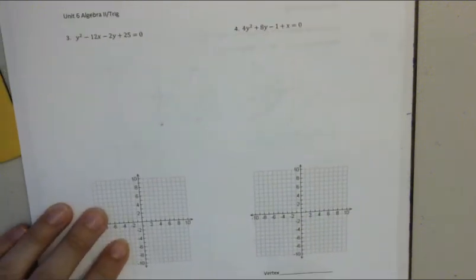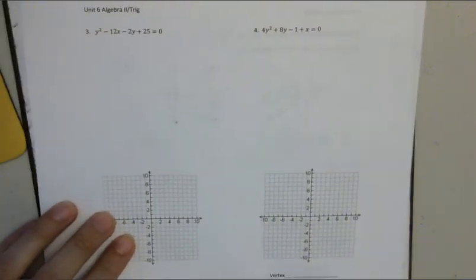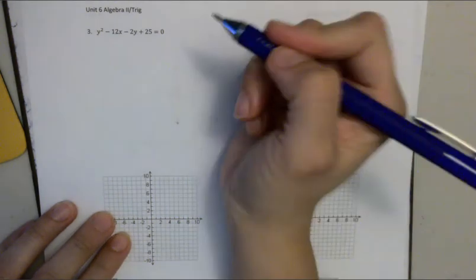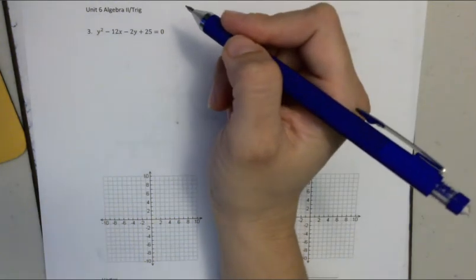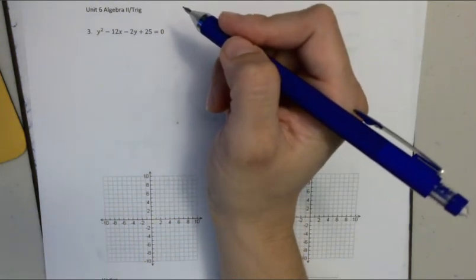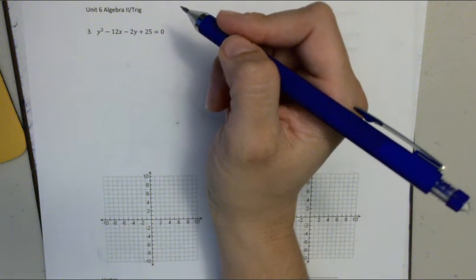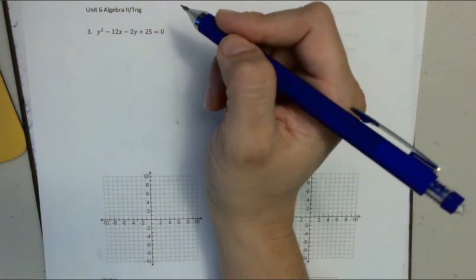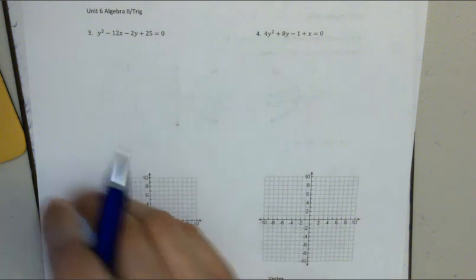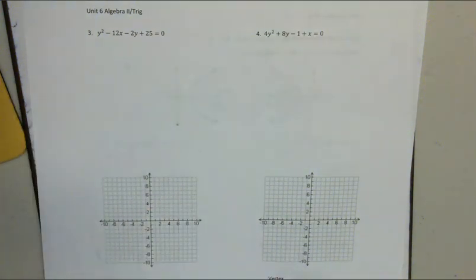Okay, so for number 3 here, again, we have these sideways parabolas. So remember, we need to get them in the vertex form. You can write it down if you don't remember what it was.